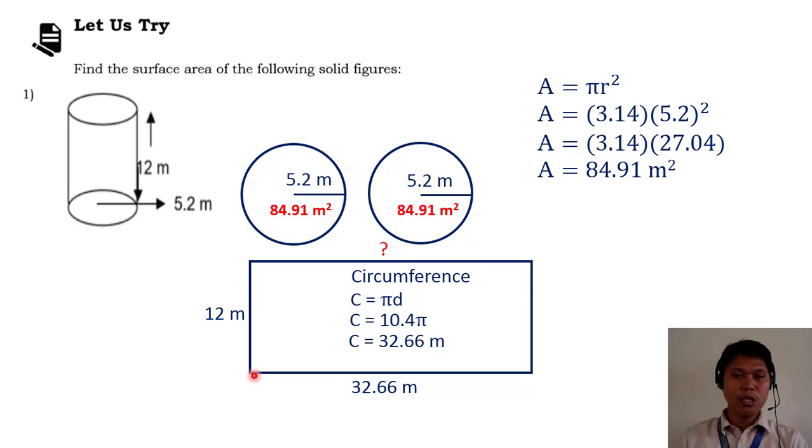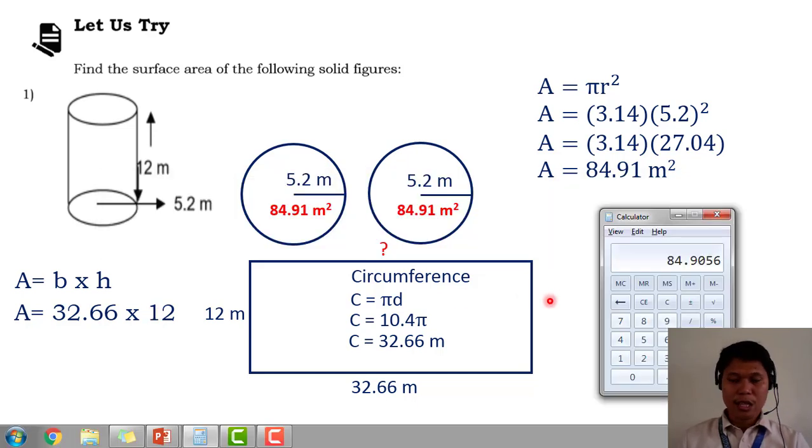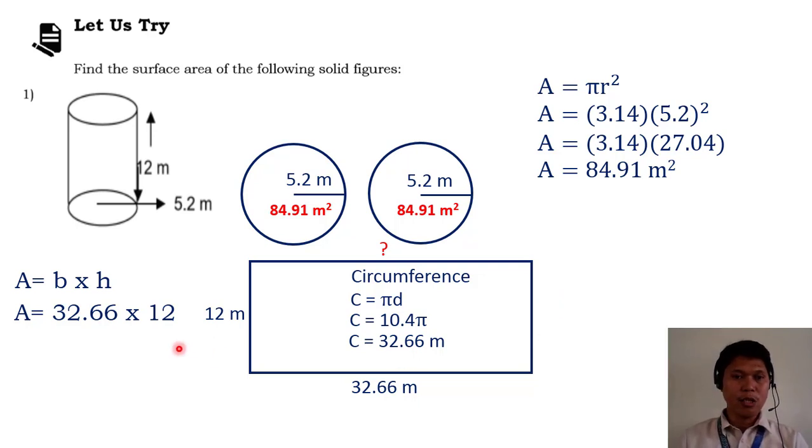Then we are going to solve for the area of the lateral face. It is base times height, and the base is 32.66 times 12. So we are going to use the calculator. 32.66 times 12 is equal to 391.92. So 391.92, and then we are going to add these areas.